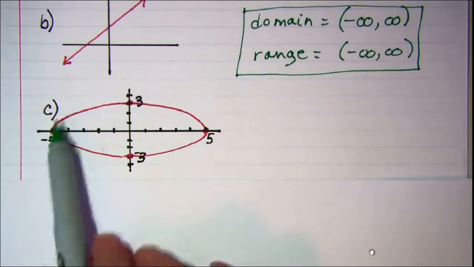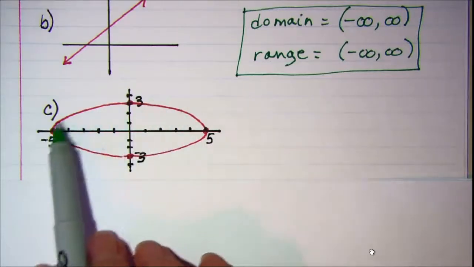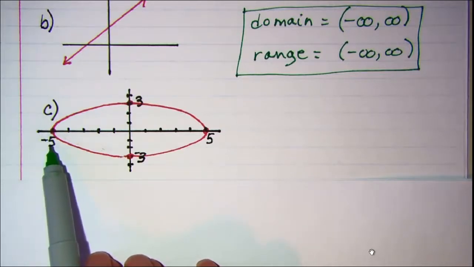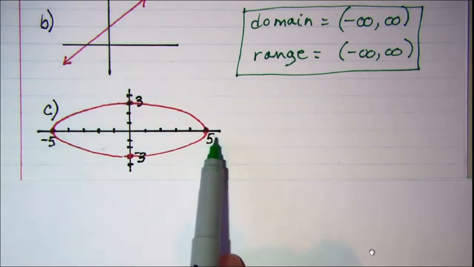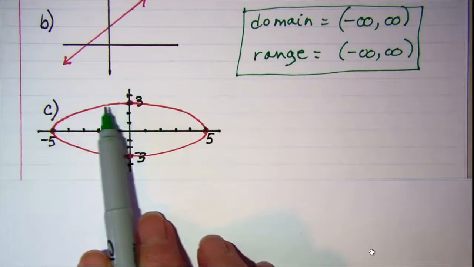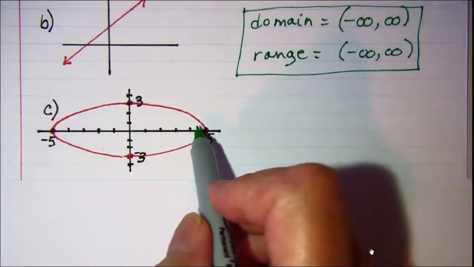For this relation, we have an ellipse, and it looks like the x value that we use furthest to the left is -5. The x value to the right is +5. And since this is a continuous line, we can't show specific points.